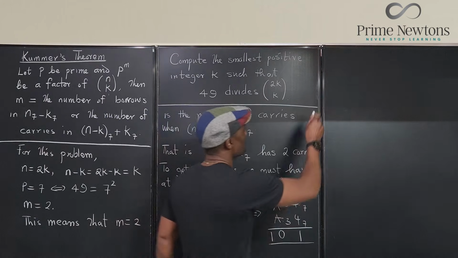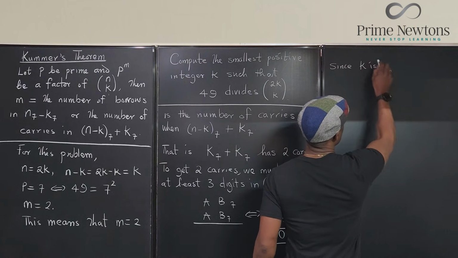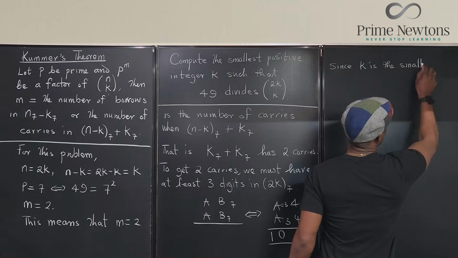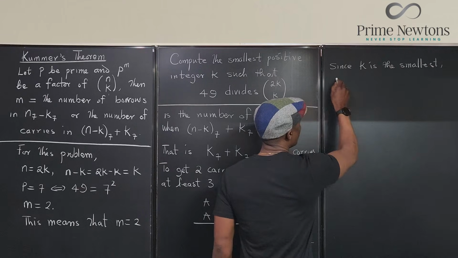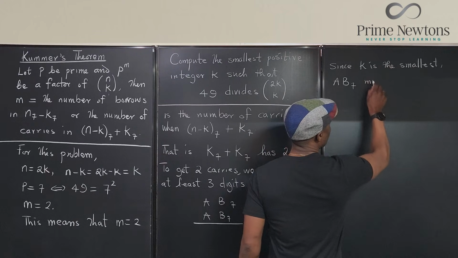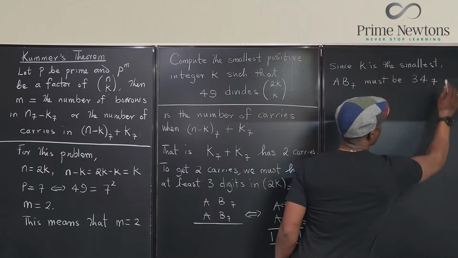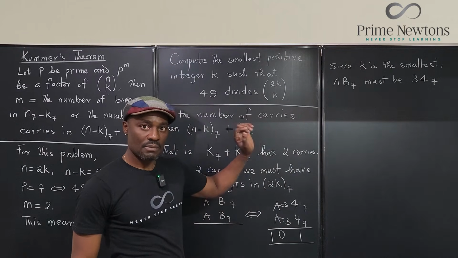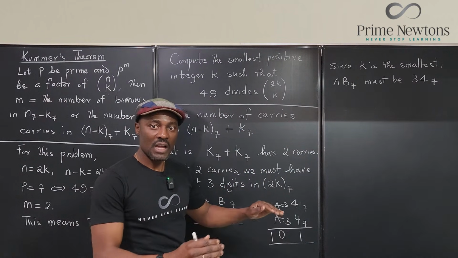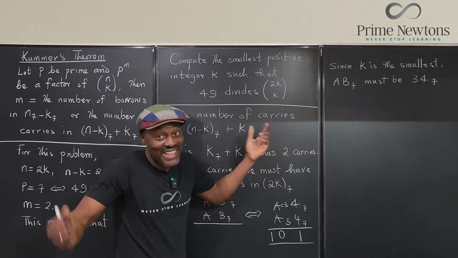So we can say, since k is the smallest, a b base 7 must be 3, 4 base 7, because that's the only case in which you'll be able to pick out 2 carries. Remember, we need 2 carries, right? Okay, and that's basically what it is.